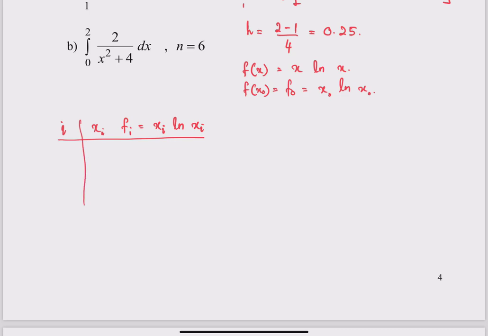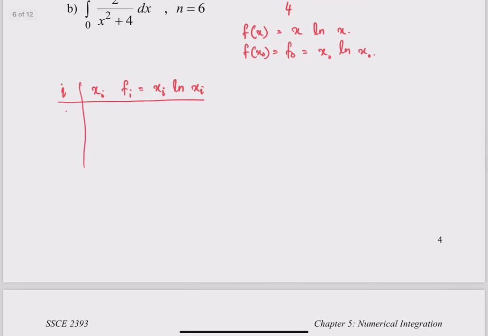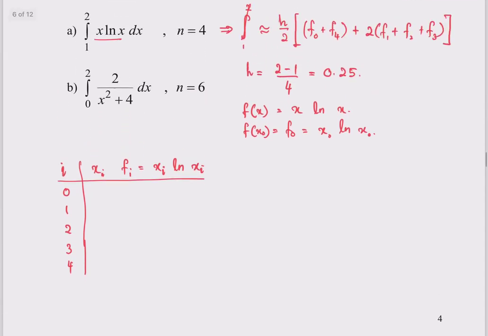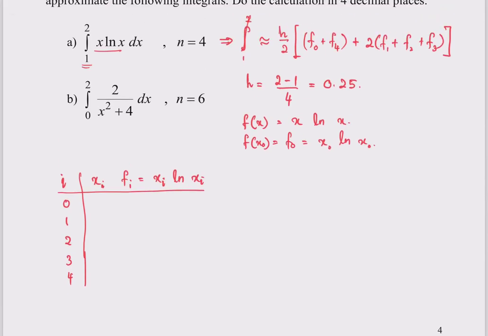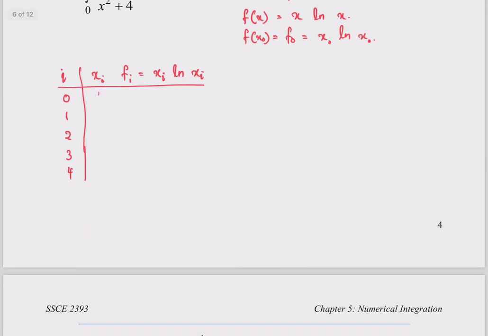Because you have 4 subintervals, 0, 1, 2, 3 and 4, your x starts from 1 to 2, and your h, the space between points, is 0.25, so here is 1.25, 1.5, 1.75, and here is 2.0.